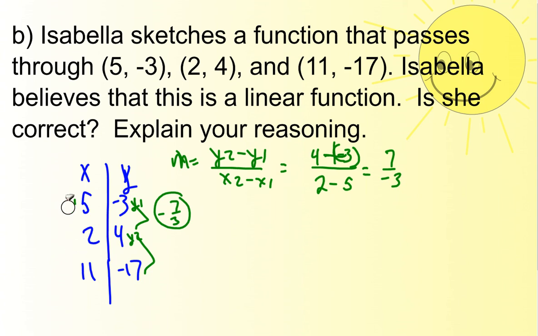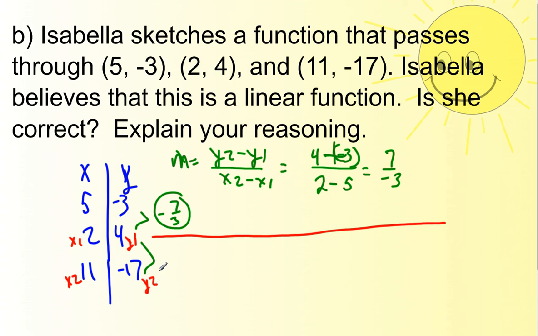Okay, let's erase them to eliminate any confusion. Now when I use these two points, x1, y1, x2, y2, same formula, y2 minus y1 over x2 minus x1 gives me negative 17 minus 4 over 11 minus 2.